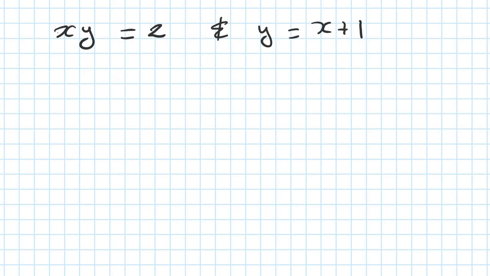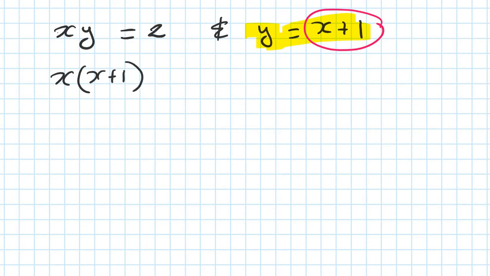So x times y is equal to 2, and y is equal to x plus 1. Every time you see y, we replace it with x plus 1. So x times y becomes x, open bracket, x plus 1, which is equal to 2.